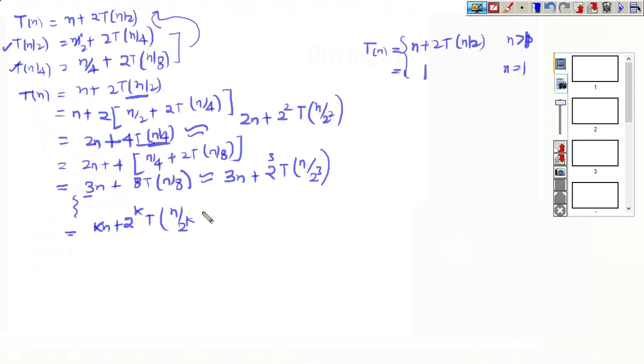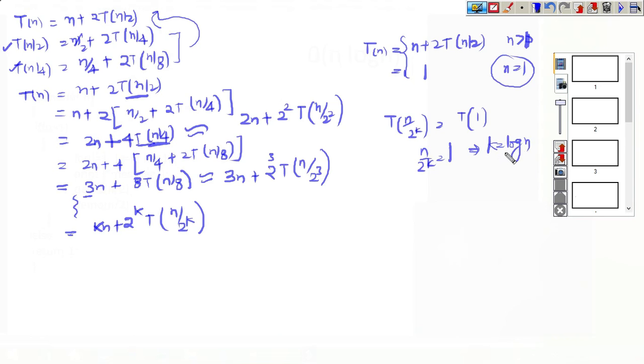We know that it keeps on expanding like this, and it will stop when this term becomes 1. That means when T(n/2^k) actually becomes T(1), then only you are going to stop, because this is the exit condition. So that means n/2^k should be 1. That means k is actually log n. This we have already seen.